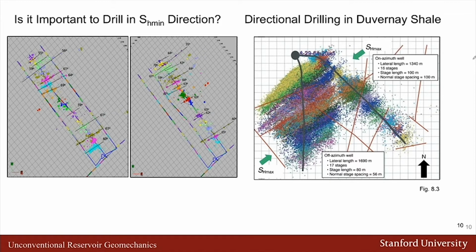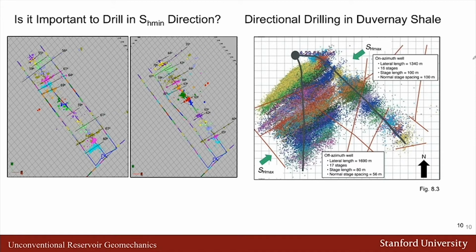Okay. But as it turns out, the on-azimuth well, the well that is drilled in the northwest-southeast direction, is actually much more productive than the well drilled in the north-south direction.